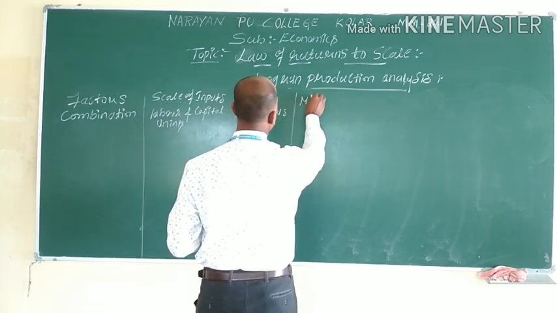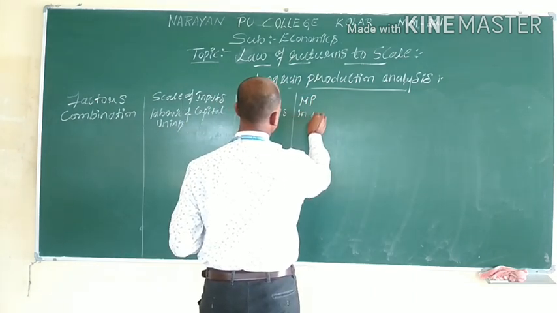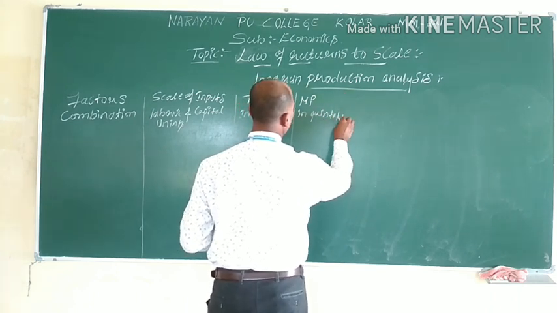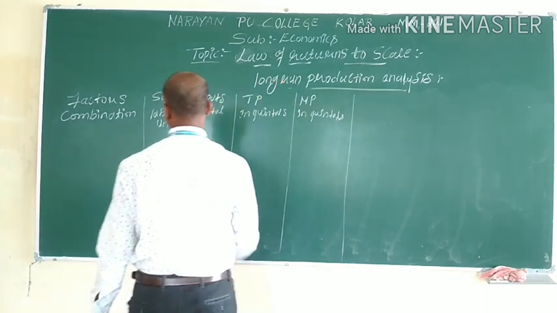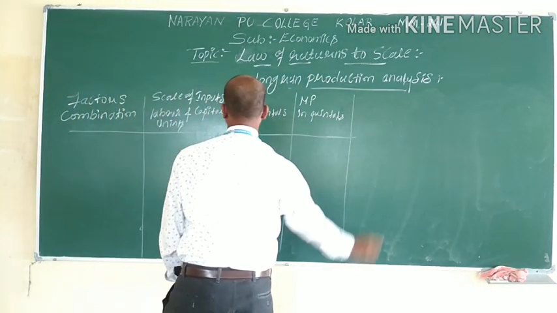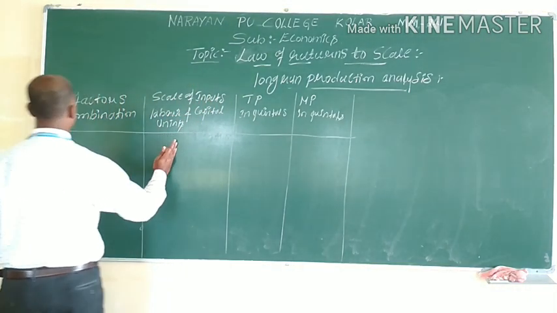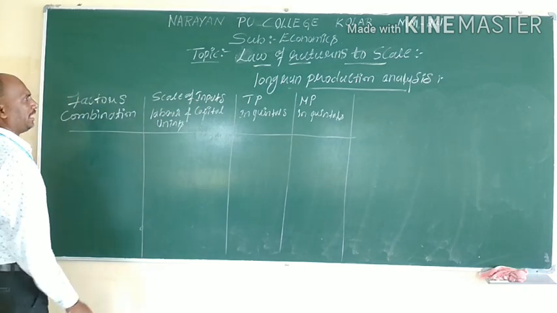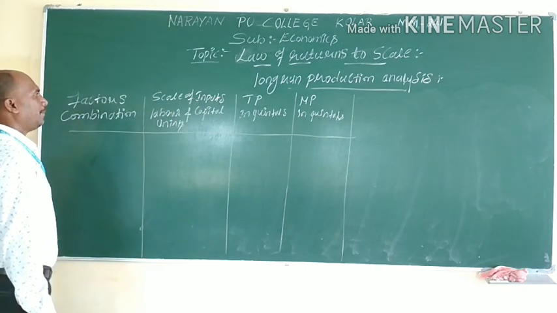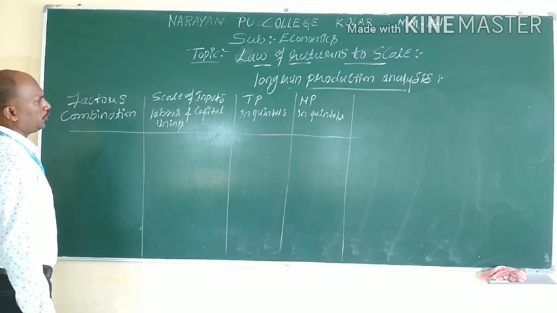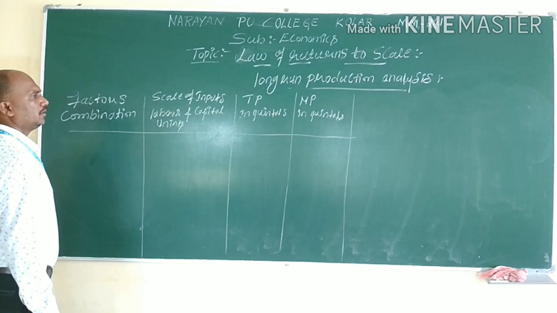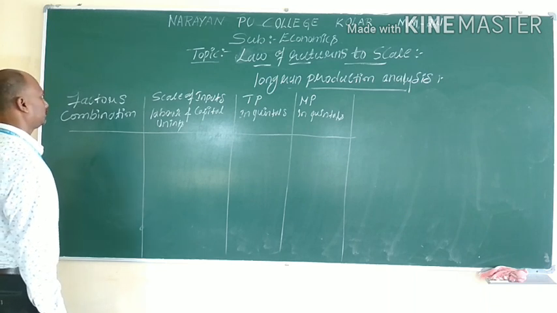And marginal product in quintals. Here the combination of factors, the scale of inputs used in the production, labor and capital are measured in units, TP, total product, is measured in quintals, and marginal product is measured in quintals.